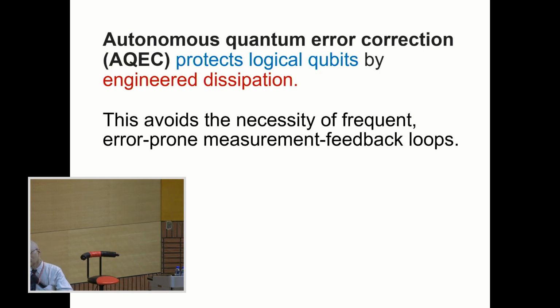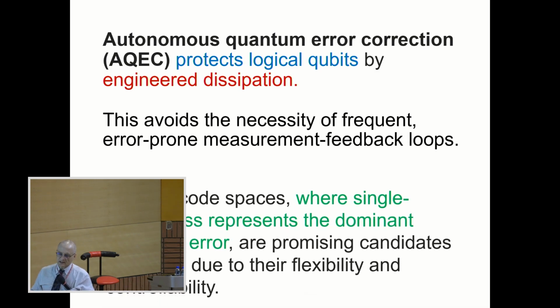Every time you put in measurement feedback loops, you're messing up the system, so we say, let's avoid this. And then there are some spaces called Bosonic code spaces where single photon loss represents the dominant source of error. These Bosonic code spaces are promising candidates for autonomous quantum error correction due to their flexibility and controllability. People are studying these codes right now.